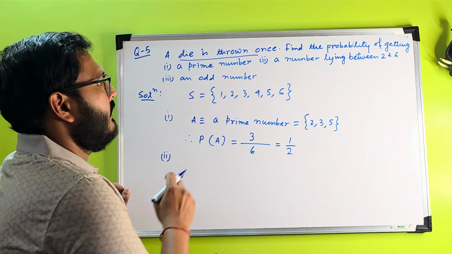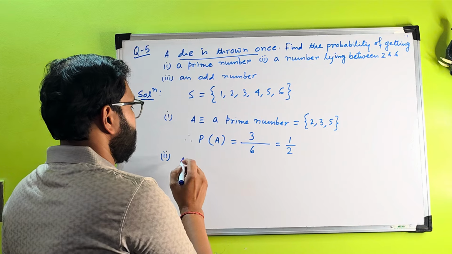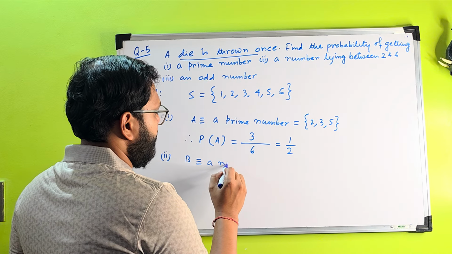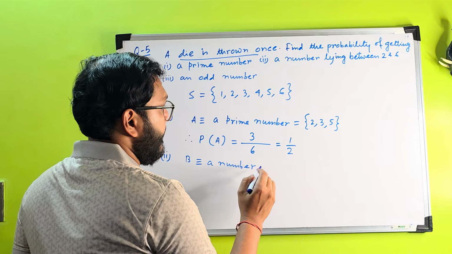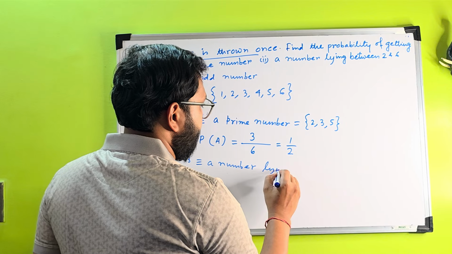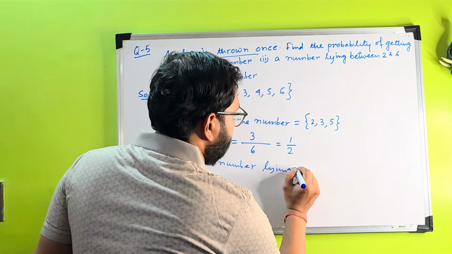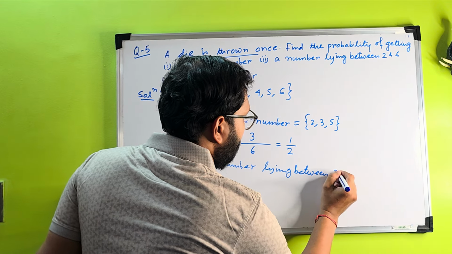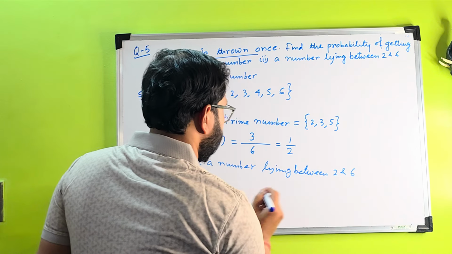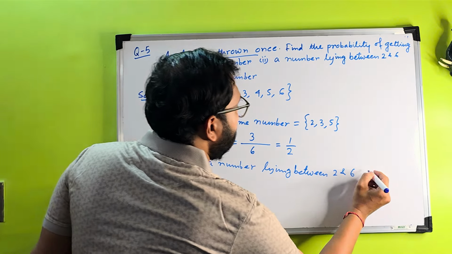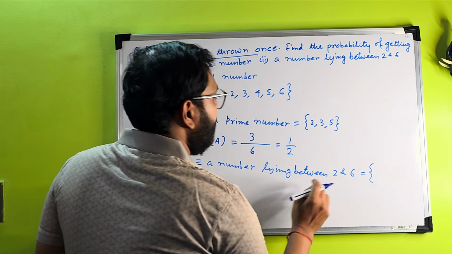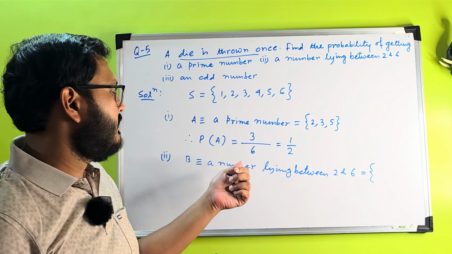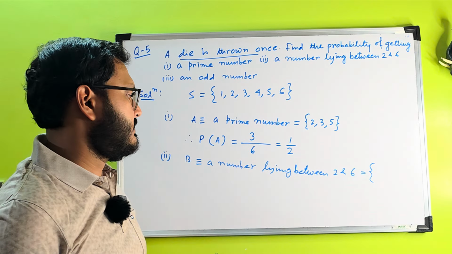Number 2. A number lying between 2 and 6. Let B be an event: a number lying between 2 and 6, equal to, what are the favorable events here, between 2 and 6?